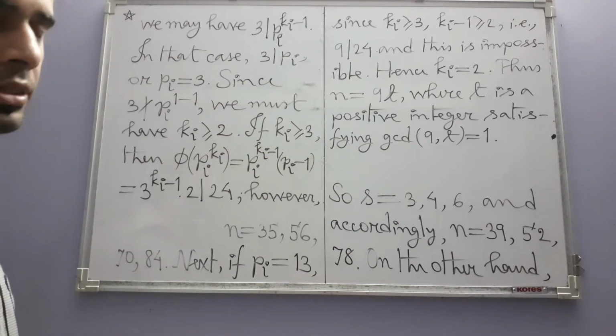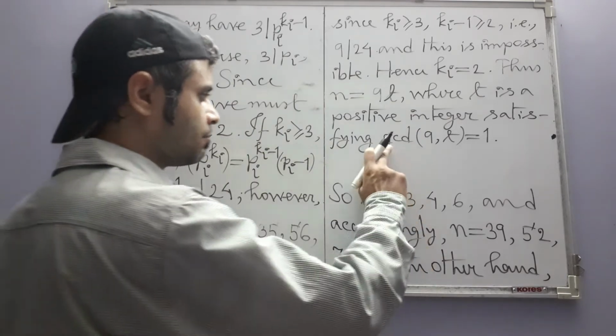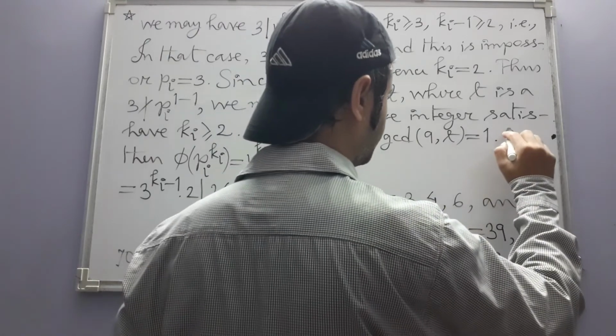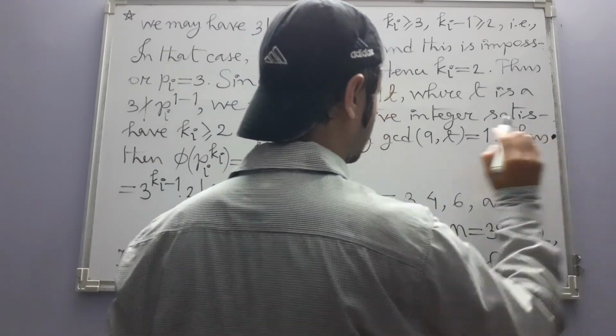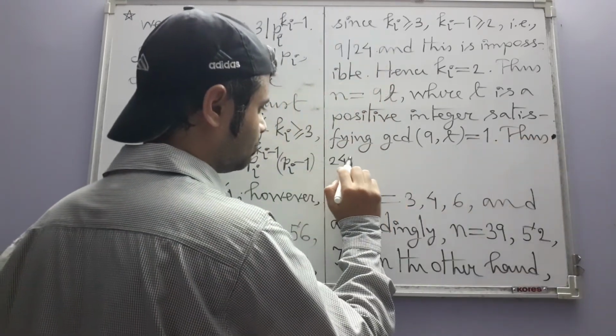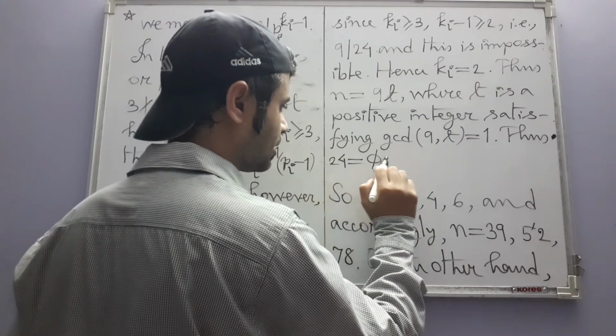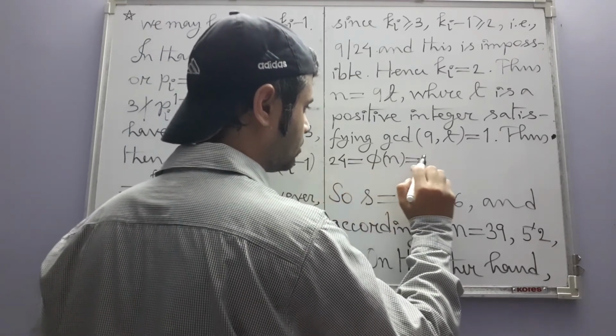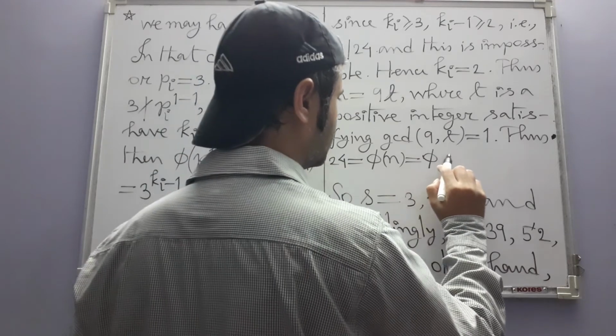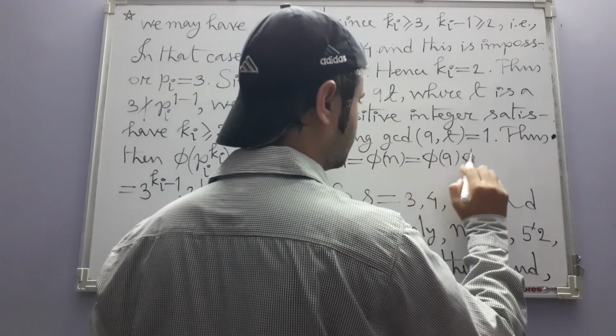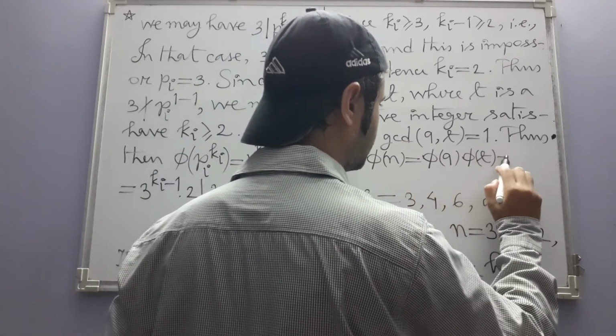That means 3 does not divide t. That is equivalent to this condition. Thus, 24 is equal to phi of n, that is equal to phi of 9 times phi of t.